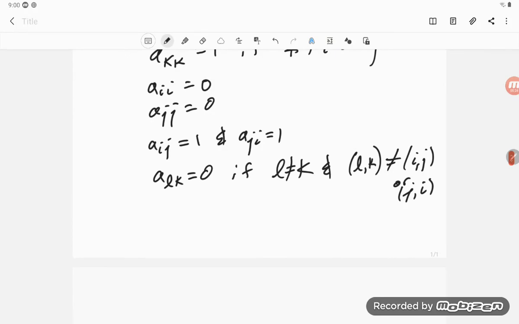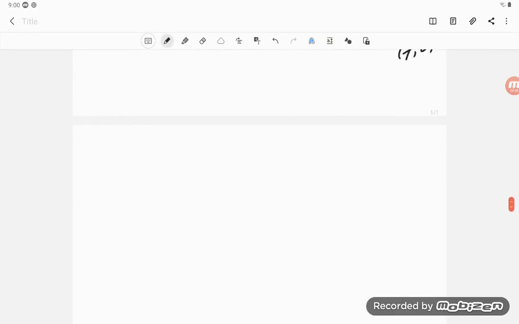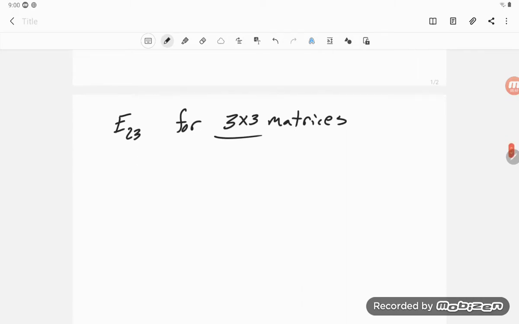Okay, so if I have something like E23 for 3 by 3 matrices, it's important that I need to know how big the matrix is to fill in the rest. Well, I'm doing 3 rows.